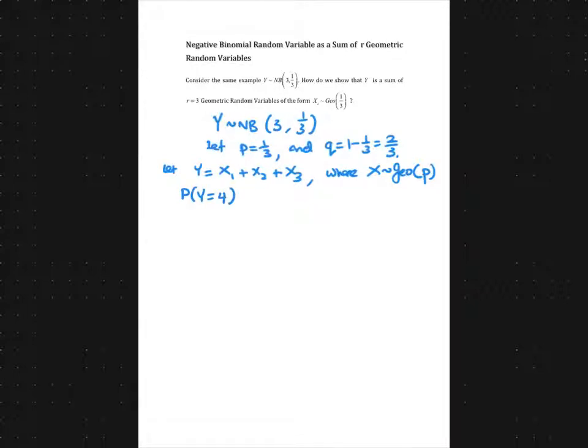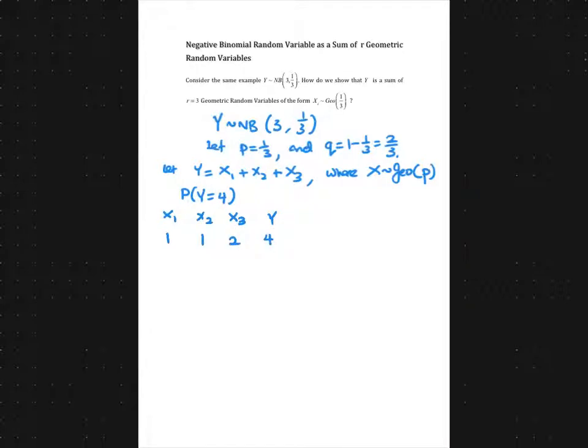Let us consider all the possible combinations. You have X1, X2, X3 and Y. So in order to get 4, we can have 1, 1, 2, which equals 4.